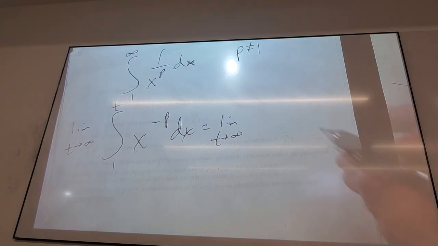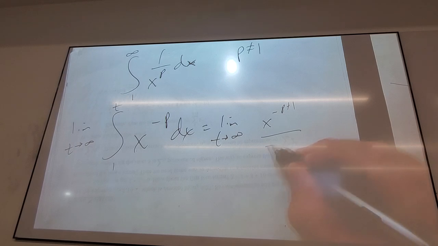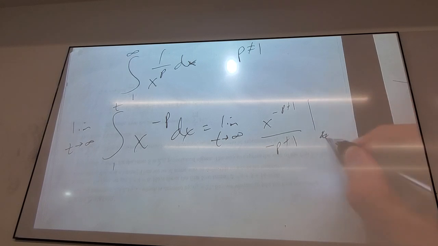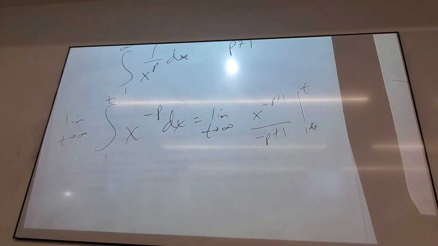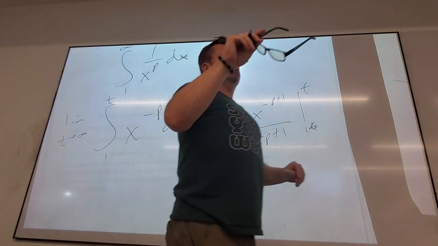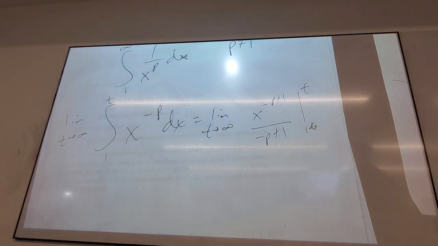X to the negative p plus 1 divided by negative p plus 1. Yes! Add 1 to the power, divide by the new power. Evaluate from 1 to t. I didn't do anything different than if I had asked you the integral of x to the negative 3. You would have done exactly the same thing.